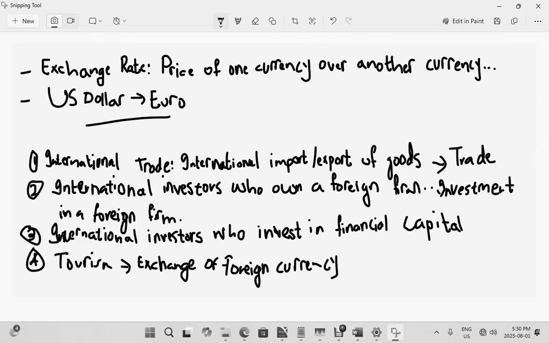These are the four players, or let's say four components, when it comes to international and foreign exchange.